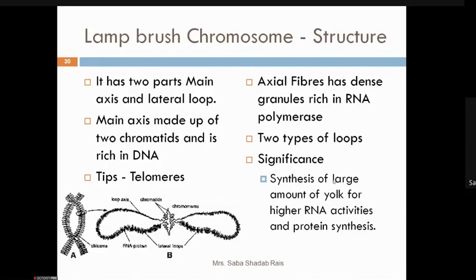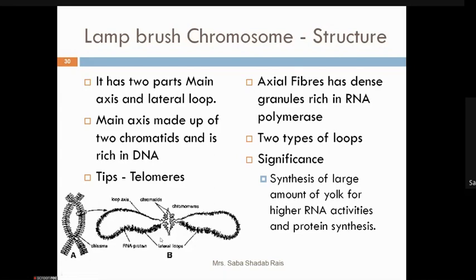Let us talk about the structure of the lampbrush chromosome. When you observe it under the electron microscope, you will find that it has two axes. One is the main axis, and you can also find the lateral loops, which is also called the loop axis.